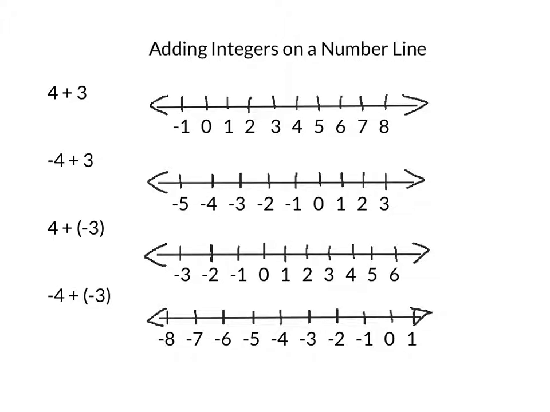When we add integers on a number line, the first number is the number that we start out with. So we draw a line from 0 to that first number, and we label it what it is, 4. And then the plus 3: whenever we add, we face right on the number line.